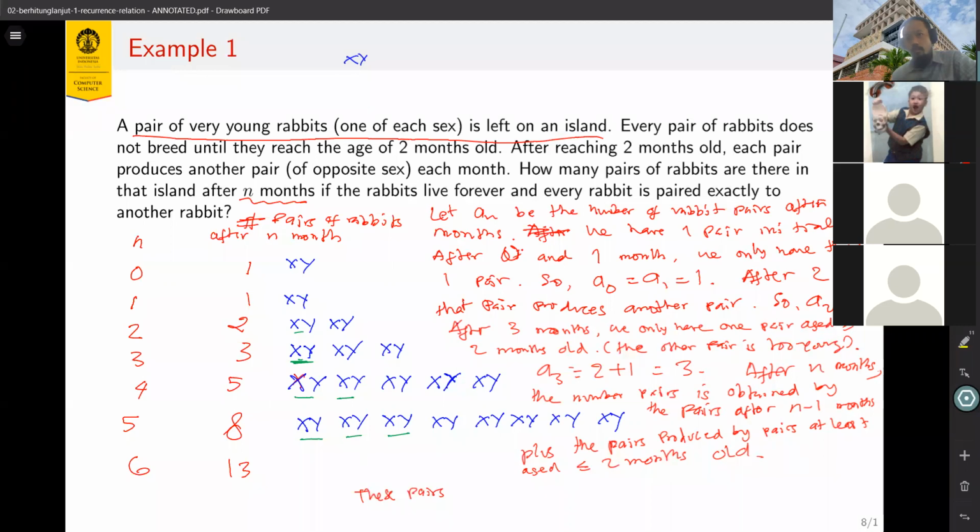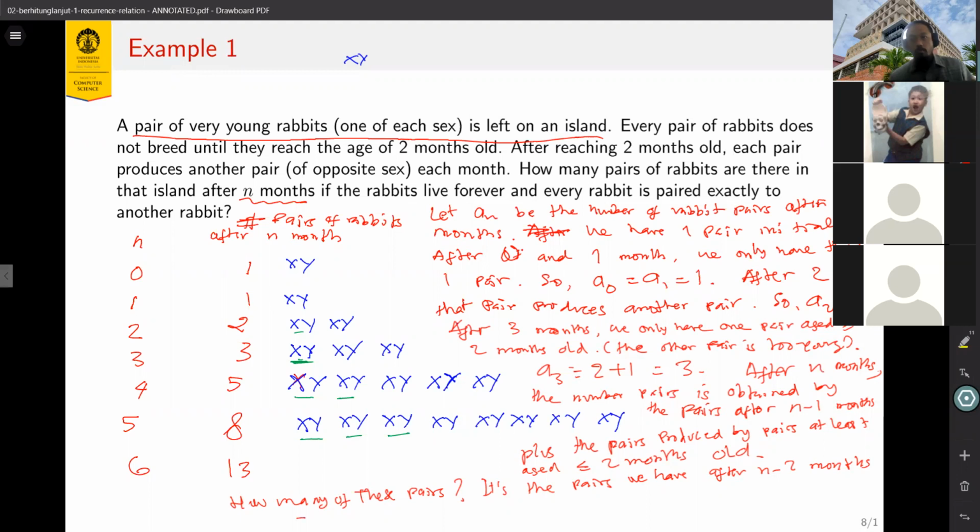how many of these pairs? Well, it's the pairs we have after n minus 2 months, because only those pairs that we have after n minus 2 months would be at least 2 months old.